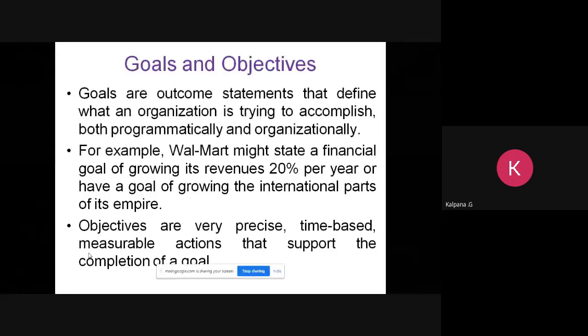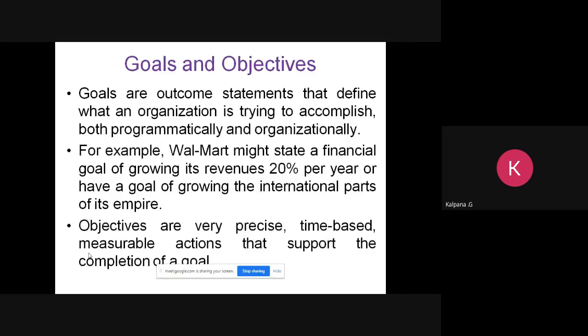When we talk about goals, goals are outcome statements that define what an organization is trying to accomplish, both programmatically and organizationally. Say, for example, let us consider Walmart as an example.